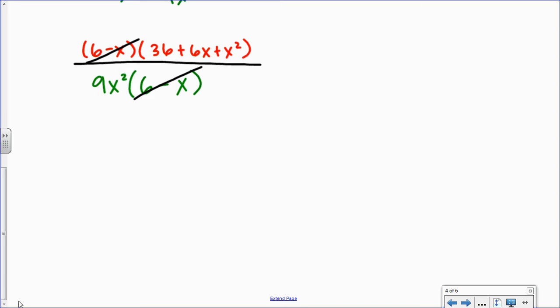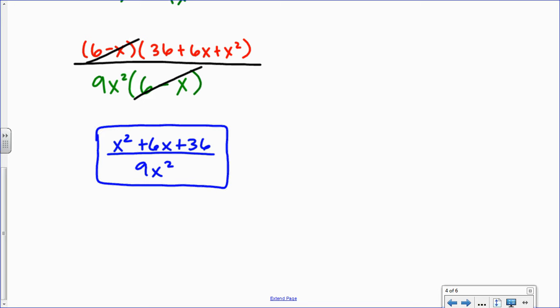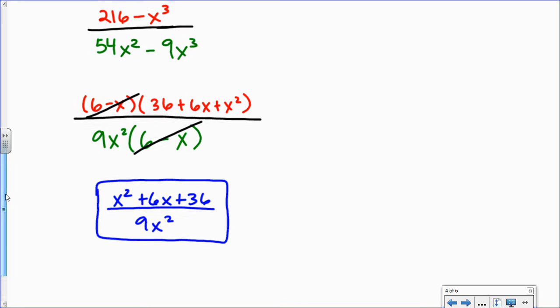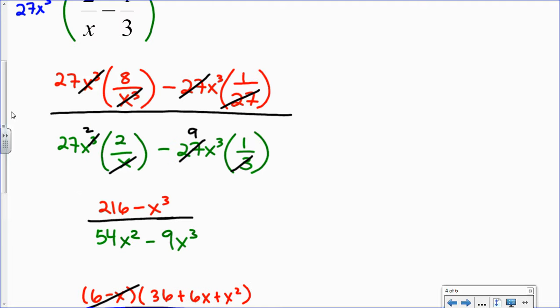Let me write the trinomial in standard form. So even with writing out the distributing, which, like I said, I won't do every time, I think it's good for you to see at least once to understand what's canceling.